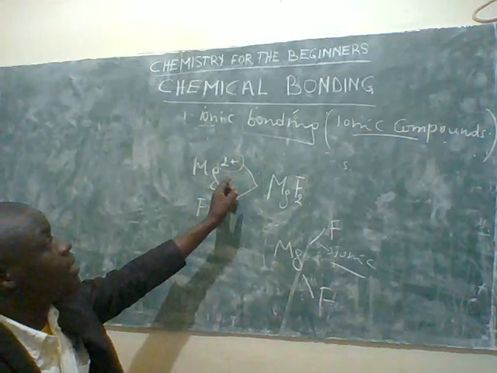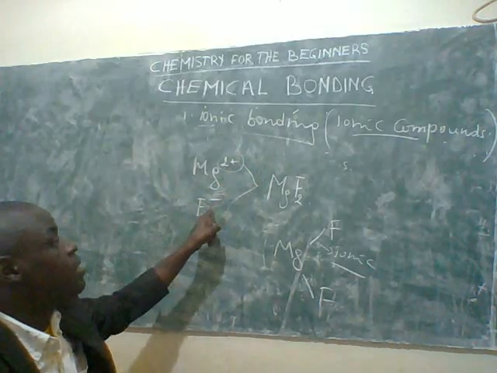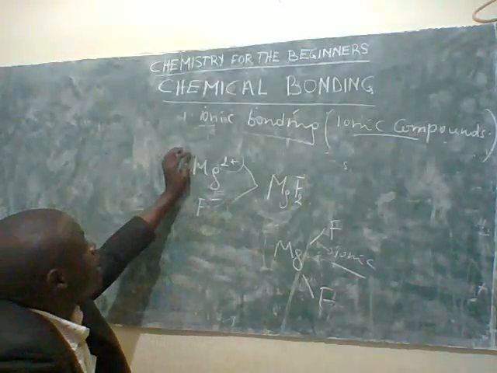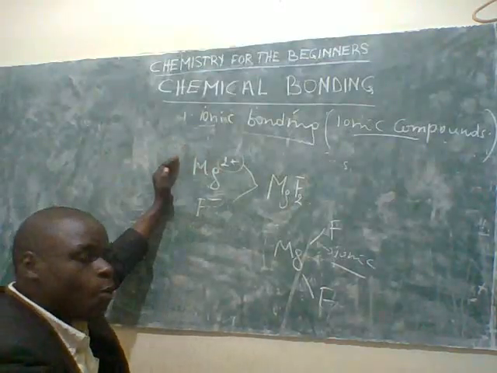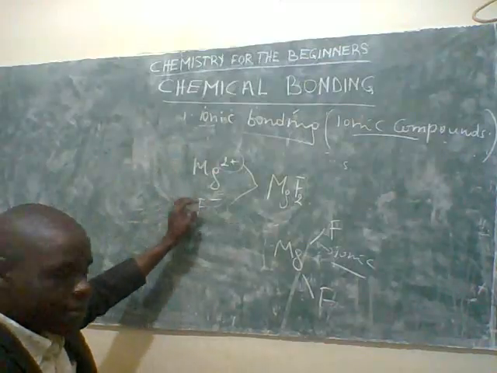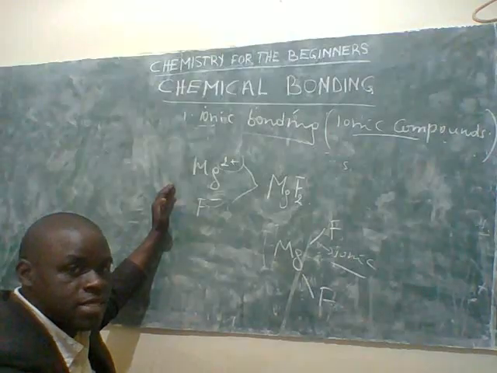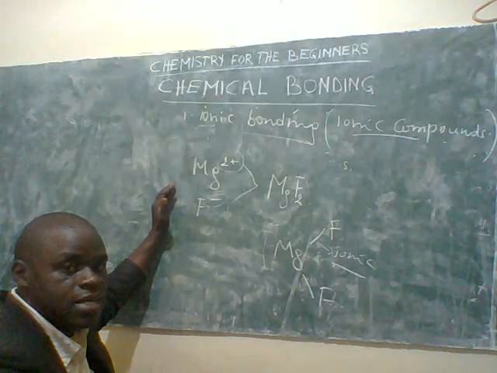You will see that it has positive and negative ions. It is a positively charged atom combined with a negatively charged atom. That is the first thing I can say.